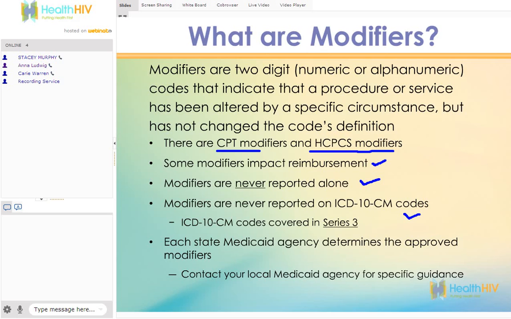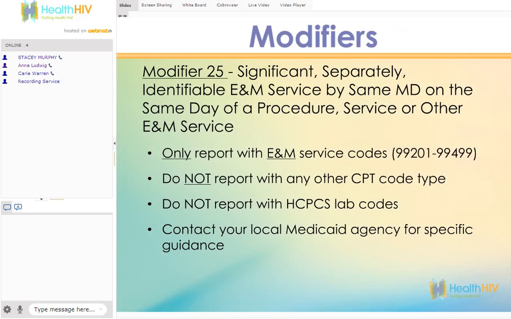You should contact your local state Medicaid agencies and your insurance carriers to find out which modifiers are appropriate in your state, because certain modifiers are appropriate for certain services that may vary across the scope, and it may also vary from payer to payer. So, for example, Modifier 25 is typically used to report E&M service codes between the ranges of 99201 through 99499.